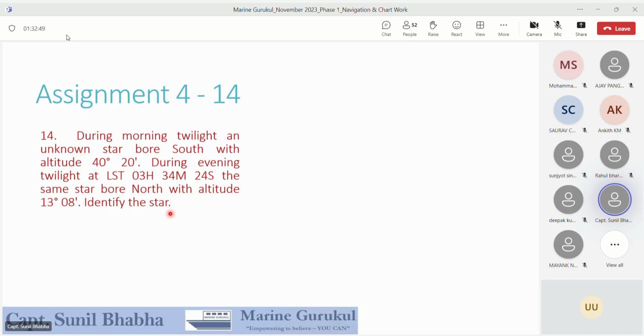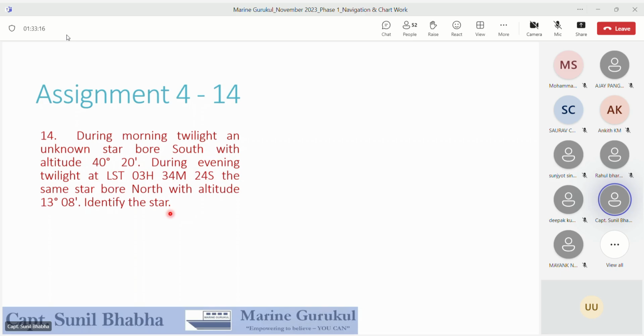Whenever you get such a question based on principles of navigation, you draw the rational horizon diagram, and in that diagram you try to fit in all the required information given to us. Whatever information is given, a particular celestial body, its bearing, its altitude, or any other information, we try to put in that particular diagram.